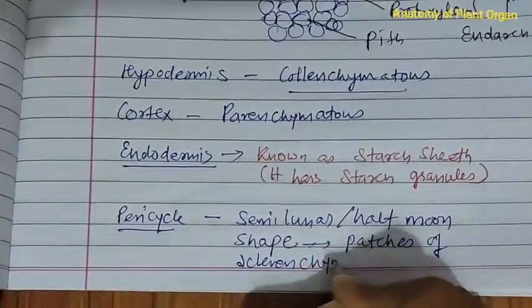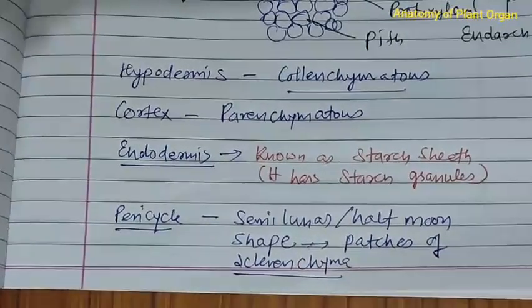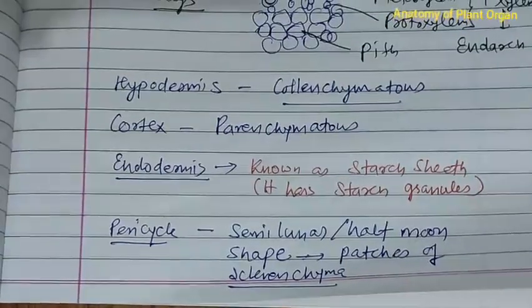So we remember the pericycle of the Dicot stem is made up of dead cells, that is sclerenchyma.